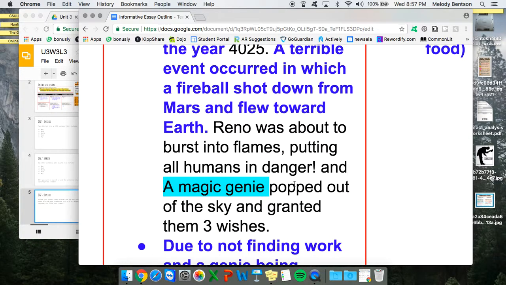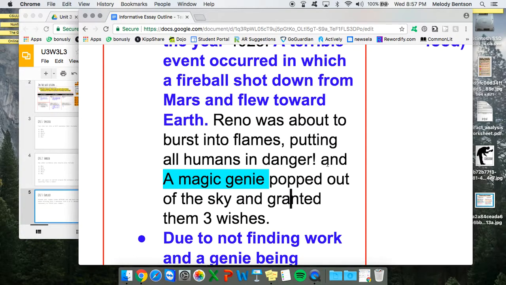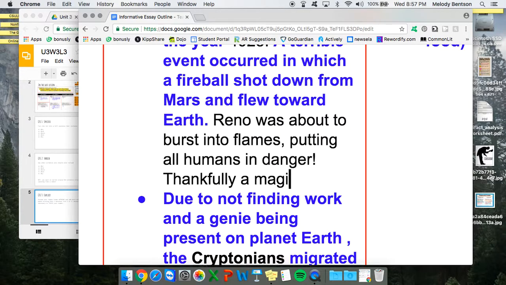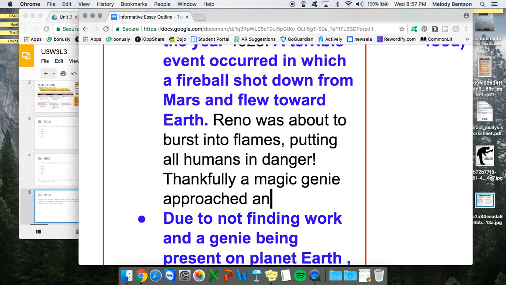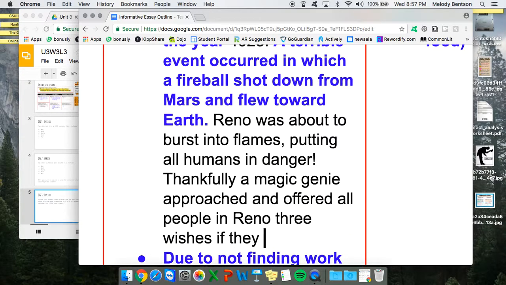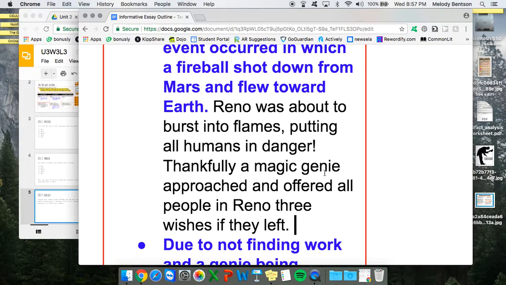And then this part, and a magic genie popped out of the sky. This is not enough information, so I'm going to add more context. Thankfully, a magic genie approached and offered all people in Reno 3 wishes if they left.